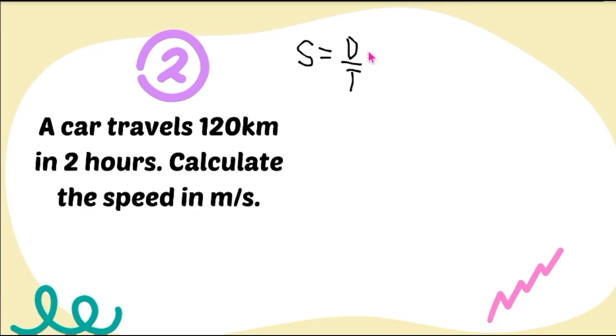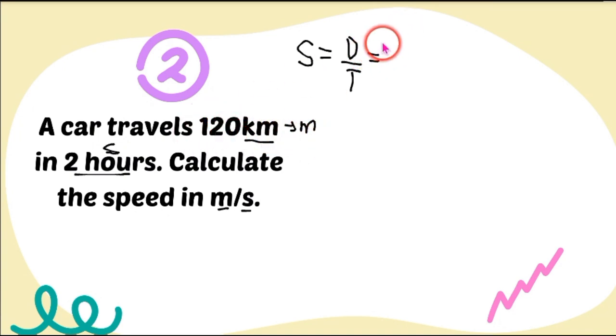You can actually do it in 2 ways. Because you are asked to calculate in meters per second, you have to convert your kilometers here to meters, and then your 2 hours to seconds. You get it?